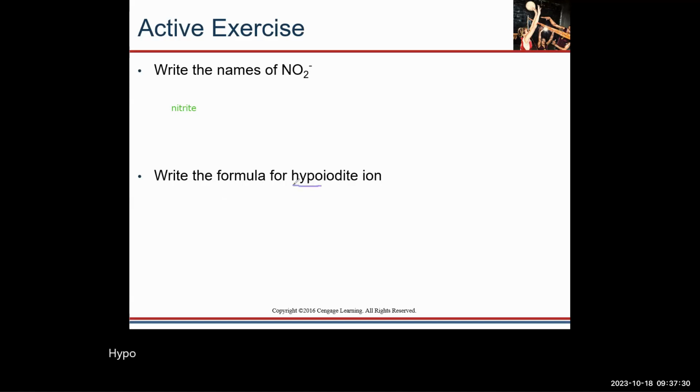Hypo... IO negative. IO negative, that is correct.